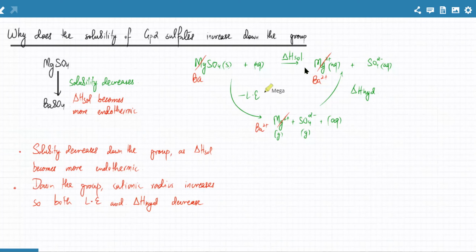So both lattice energy and enthalpy of hydration decrease, but lattice energy decreases less, it's relatively bigger compared to delta H hydration.